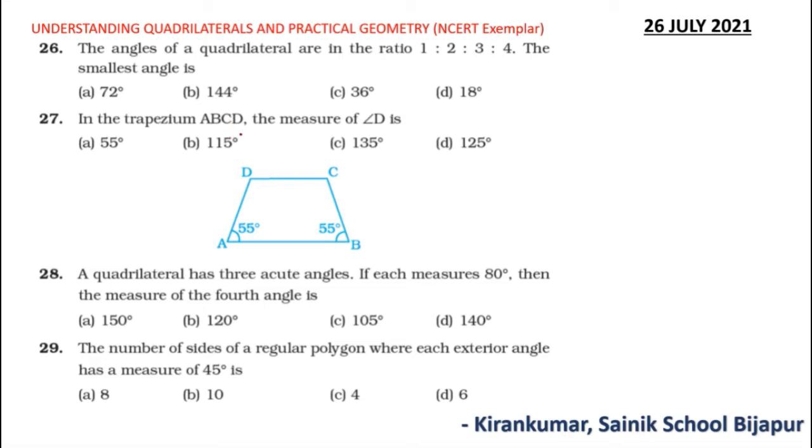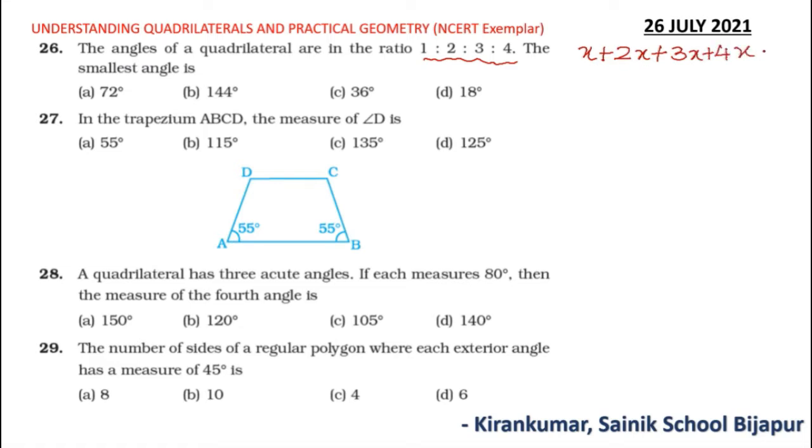The angles of a quadrilateral are in the ratio 1:2:3:4. The smallest angle is. When they give it in terms of ratio, we have to consider it in terms of x. So the angles are x, 2x, 3x and 4x.